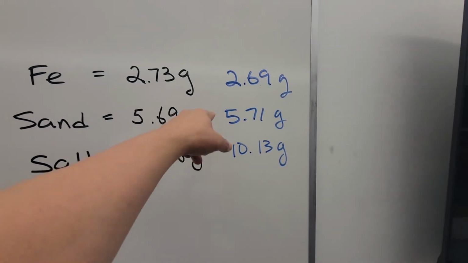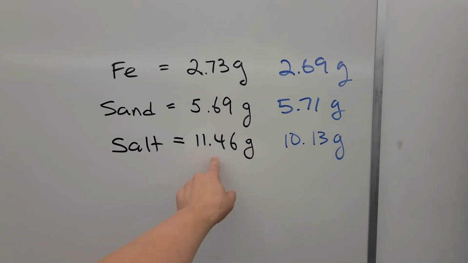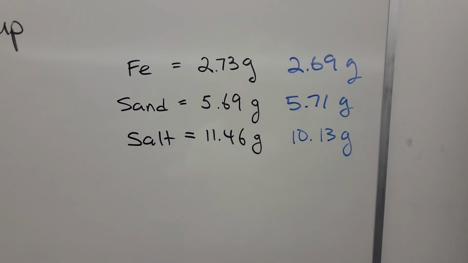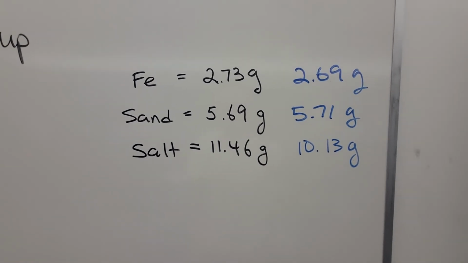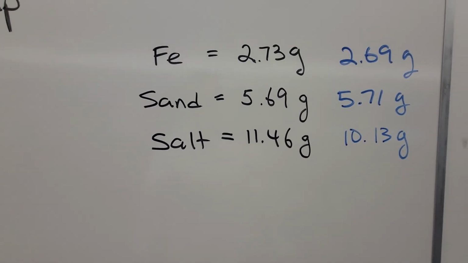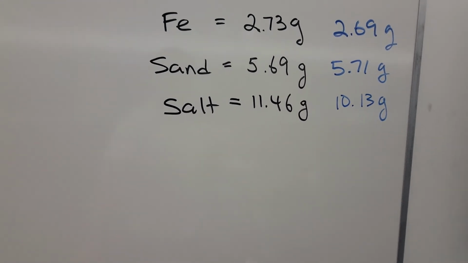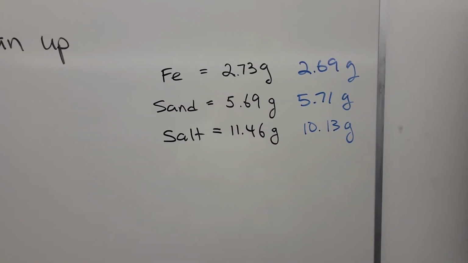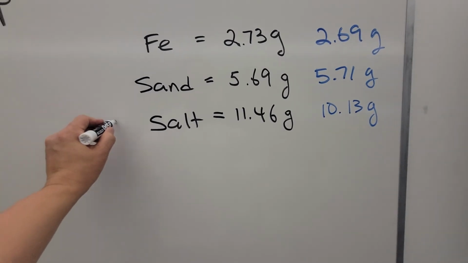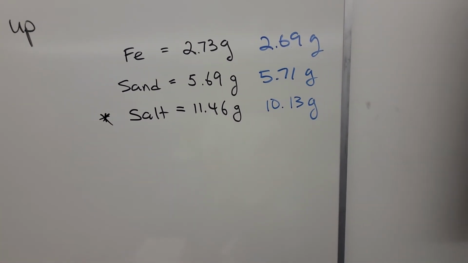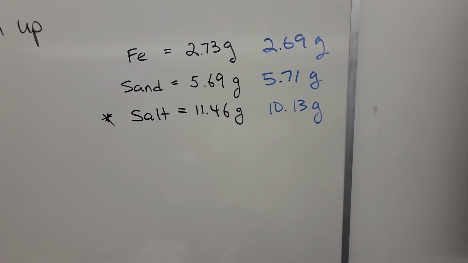In any case, these are excellent results, and this last one was the most off because, like I said, I don't think that salt was completely dry, but I didn't have time to wait much longer for it to dry in the oven. So I'll show you how to do a percent error calculation using the one with the most error for me, which is the salt.